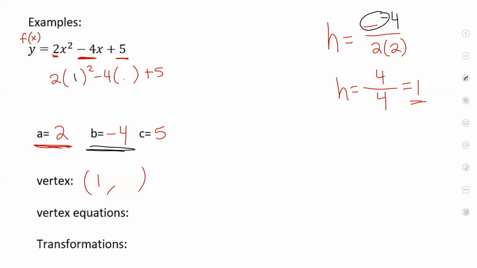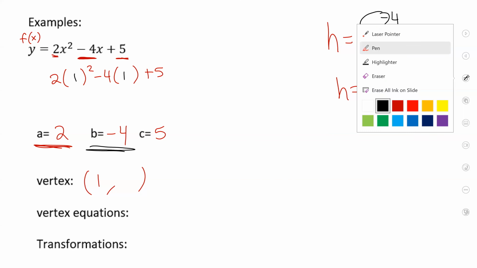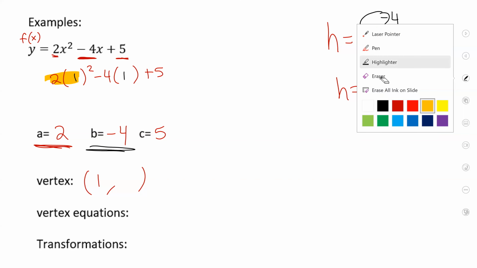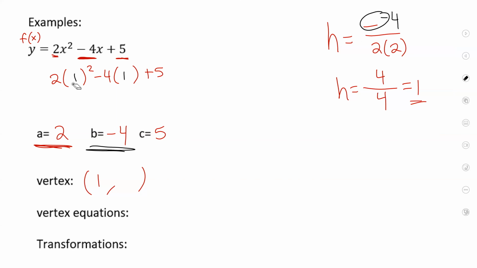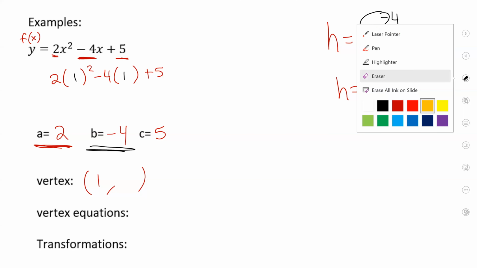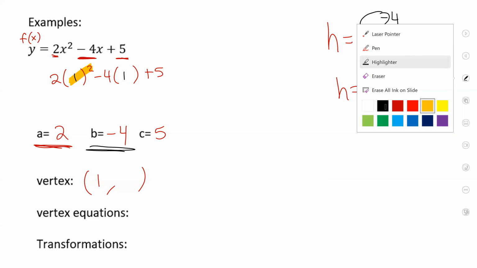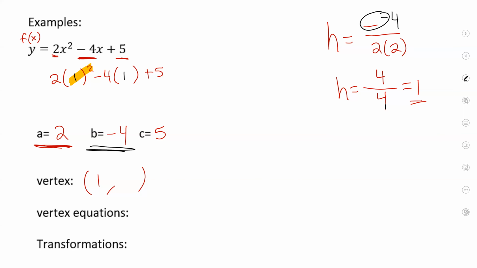Now, a mistake that I always see, a lot of students will do 2 times 1, and then they'll square it and get 4. Is that correct? What should you do first? Yes, you need to square it first. So what is 1 squared? Good, so we're doing this part first. We're doing exponents before multiplication. So 1 squared is 1, times 2 is 2.